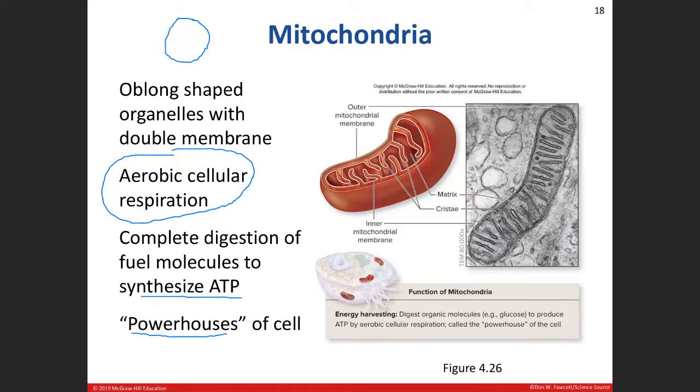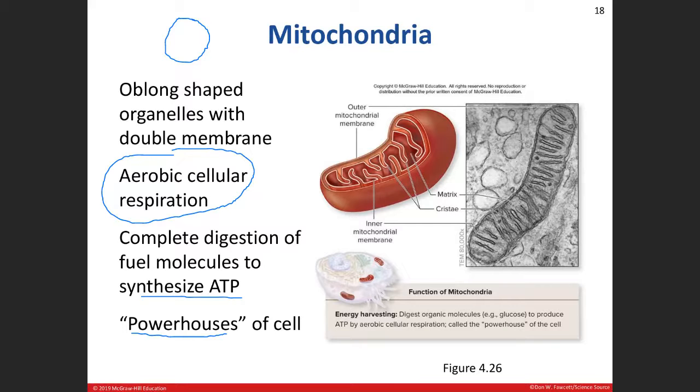So it's really important that you understand, if you want to use the nickname powerhouse of the cell to help you remember what the organelle's purpose or function is, feel free.